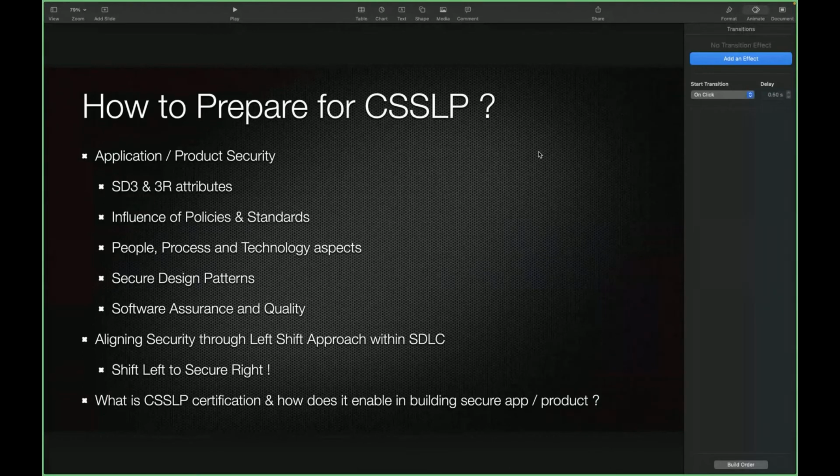So if you look into it, we are now touching upon the core security concepts of CIA: confidentiality, integrity, and availability. This is what I need to protect from an application development or software standpoint.